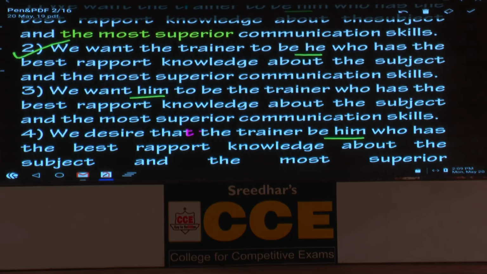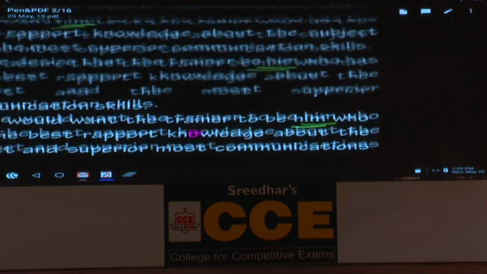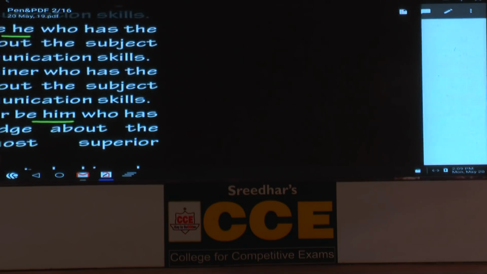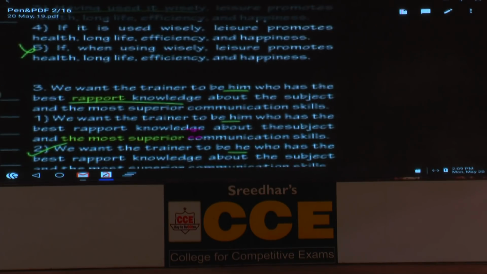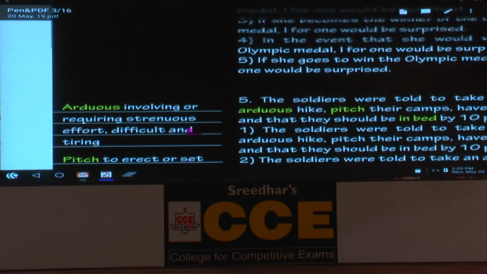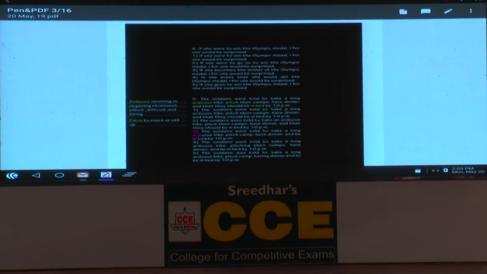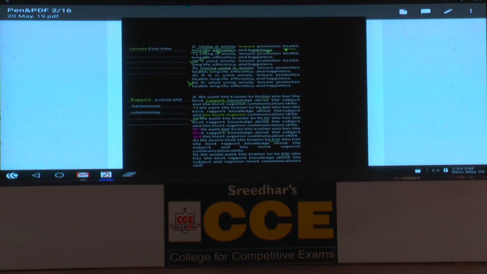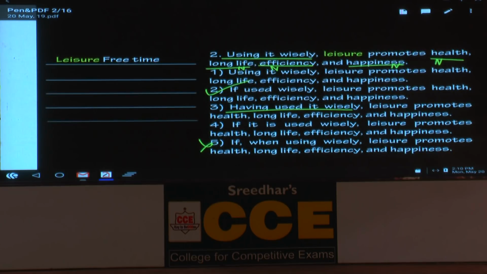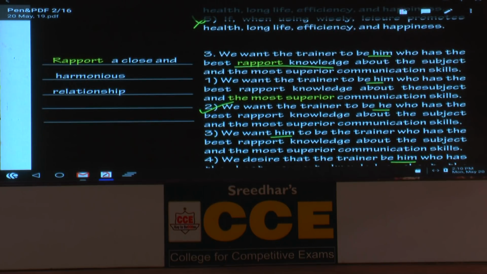But all said and done, within the stipulated time period, under tremendous pressure, these are not easy to answer, let me tell you. Only those who are really good at English and those who practice a lot will be able to answer. But it all depends on how you look at the sentence, because you don't get a lot of time. Please write, already I have written the meaning of the word leisure, means what? Free time. Write the meaning of the word rapport.